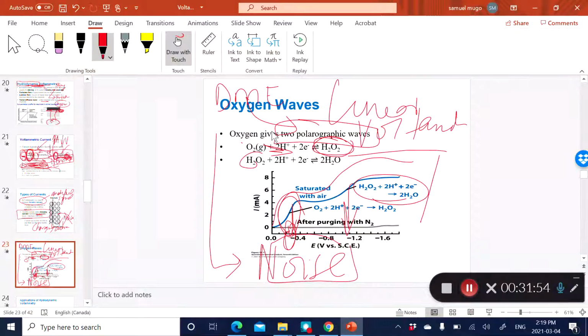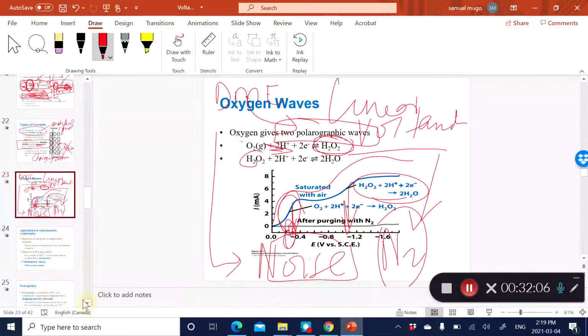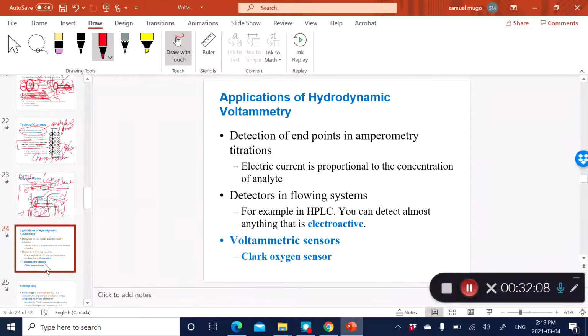So the solution to this often is to bubble nitrogen into your samples so that you can remove most of the oxygen that is present. Of course, unless you're actually interested in determining the oxygen.